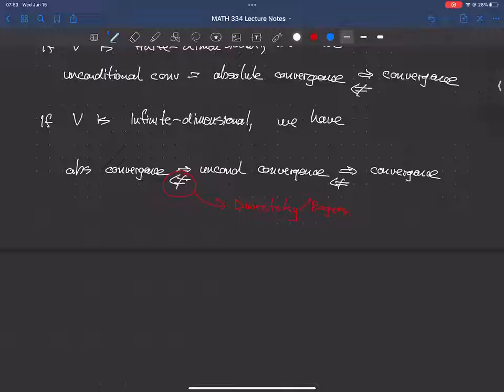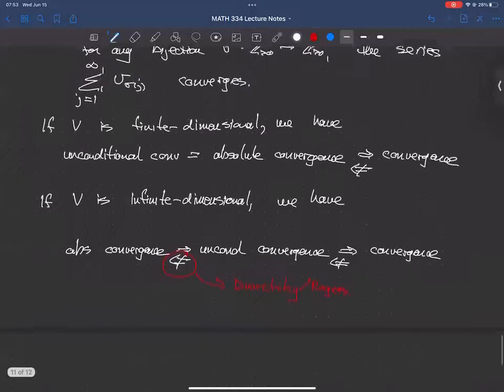Right, so it's kind of a major theorem to prove that in an infinite dimensional normed vector space, and I think it actually needs to be a Banach space, generally speaking, unconditional convergence does not imply absolute convergence.